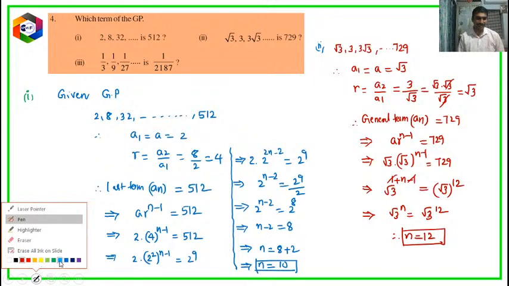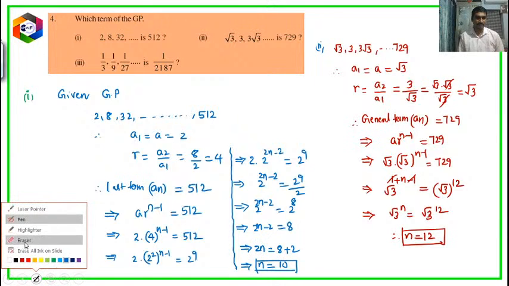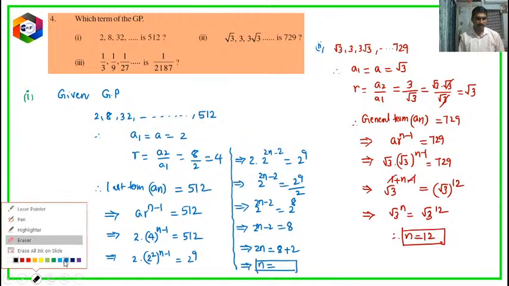A small mistake has happened. Here I have seen 2n minus 2, which is equal to 8. Then 2n minus 2 is equal to 8 and 2n is equal to 10, then n should be equal to 5. Thank you very much, thank you Jnanita, good, n equal to 5.